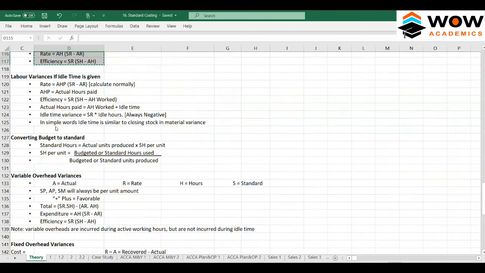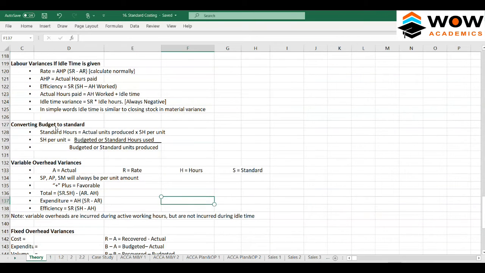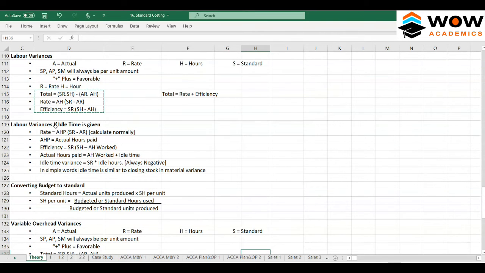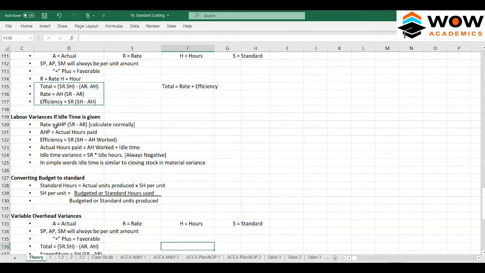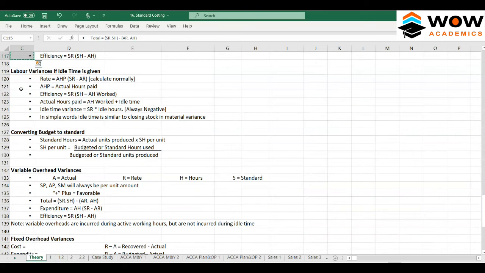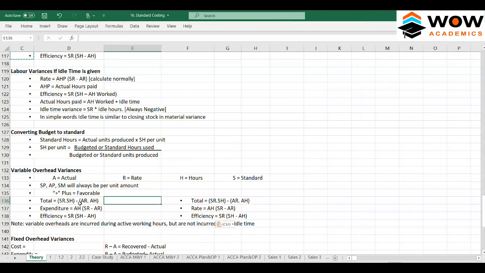So I'll take the labor variance and just paste it next to the variable overhead variance. I'll paste it, and you'll get an idea. Look here. You will find that the variable overhead variance is the same as labor variance.